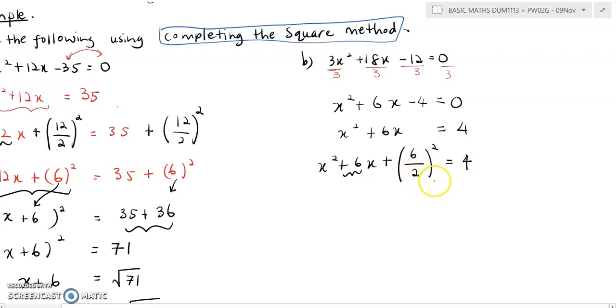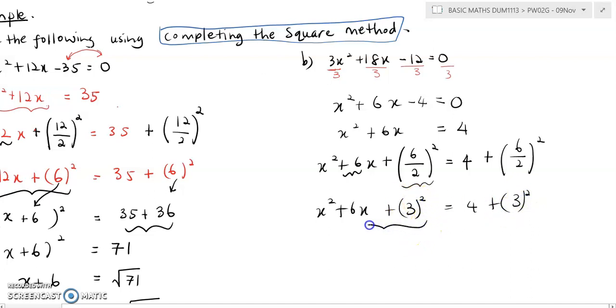Since we add this new term here, we must balance this equation. So on our right side, we also must add 6 over 2 squared. Okay. Next, you just simplify the value inside the bracket. So x squared plus 6x plus 3 squared equals 4 plus 3 squared.